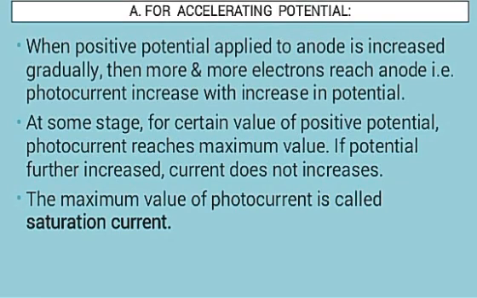At some stage, for certain value of positive potential, photocurrent reaches maximum value. If the potential is further increased, current does not increase. That maximum value of photocurrent is called saturation current. Saturation current is what? It is maximum value of photocurrent.